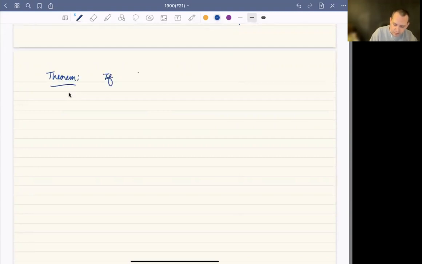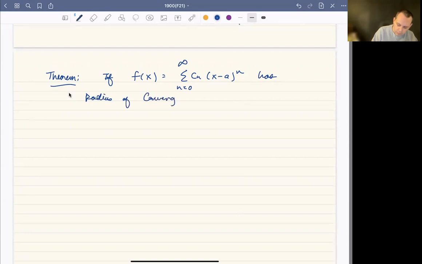If we have a power series f, so let's say this is just a generic power series, c sub n times x minus a to the n, as n goes from 0 to infinity, and if this has radius of convergence r, here I'm assuming r is not 0, then it turns out that the derivative of f is going to be given by the derivative of the terms.